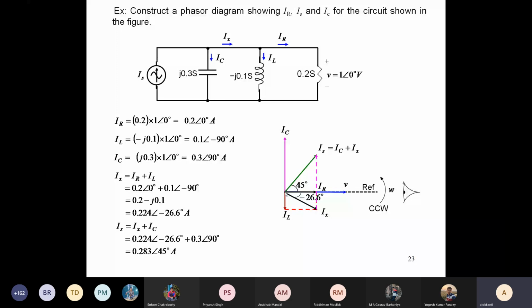If it is given as a reactance or resistance, you have to do the division. But if it is directly given in terms of conductance or susceptance, you are basically doing multiplication to find the currents.